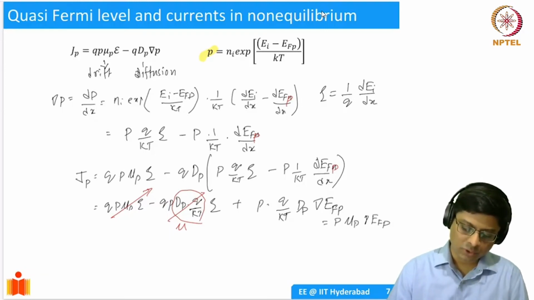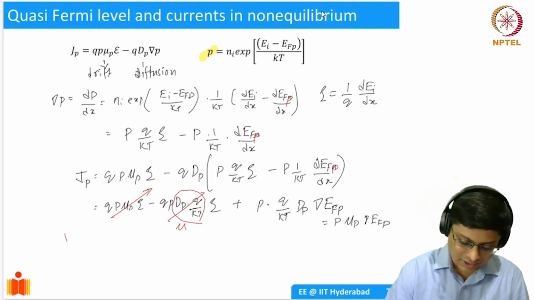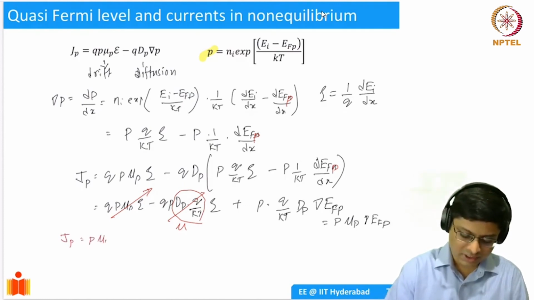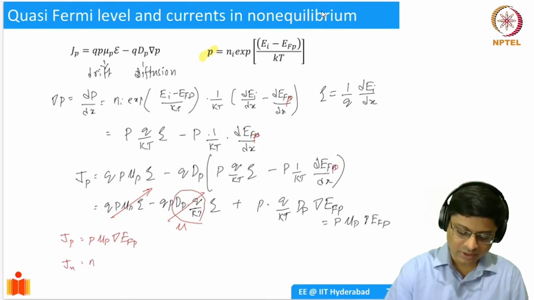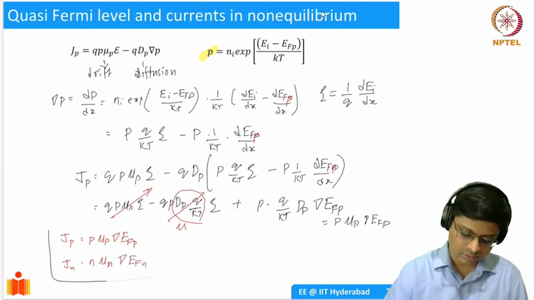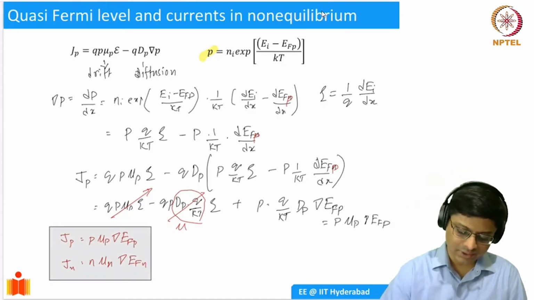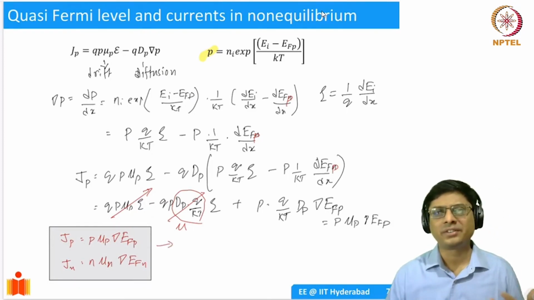So what's happening is, if you're using quasi Fermi levels, we are able to represent the current density Jp as simply p mu P times the gradient of the quasi Fermi level. Jn, which I didn't show, is going to be n mu n times the gradient of EFN. You will see quickly in the next weeks that when you have diffusion and drift, it becomes very difficult for us to keep track of what are the contributions to currents.